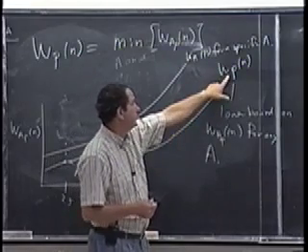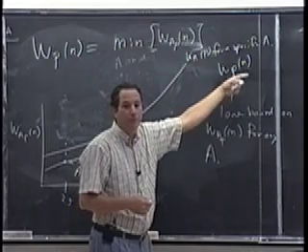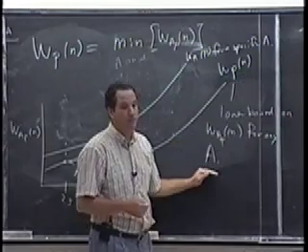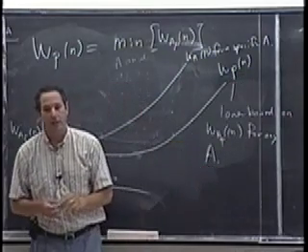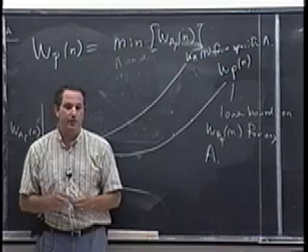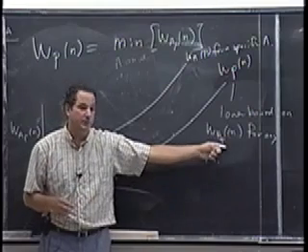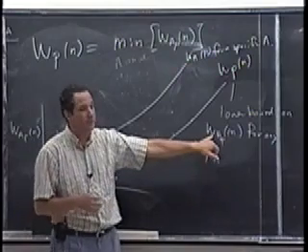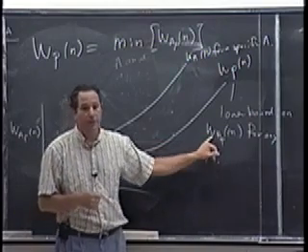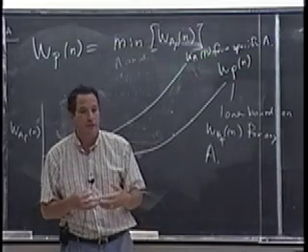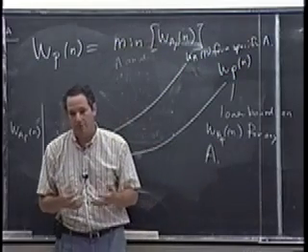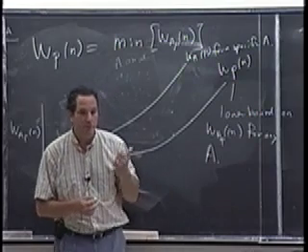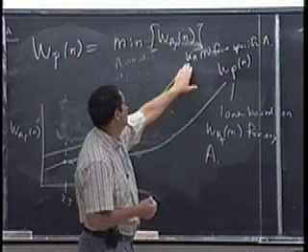We can come up with a function W_P(n), which is a lower bound on W_A(n) for any A. And what it's getting at is the inherent complexity of solving problem P, at least within the confines of the worst case viewpoint. That's what the W is doing here. And within the confines of what we've decided as the primitive operations and what we've decided for the size of the input.